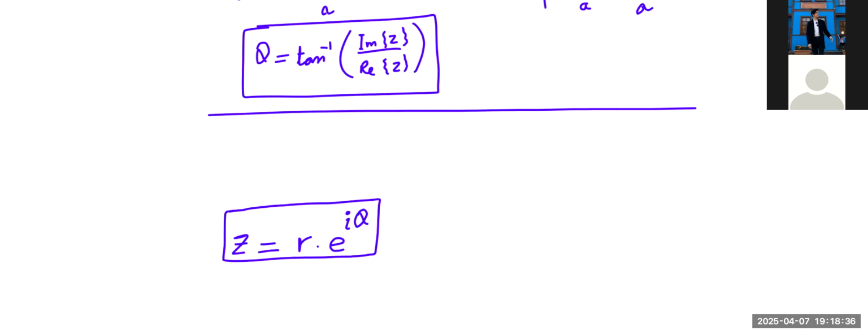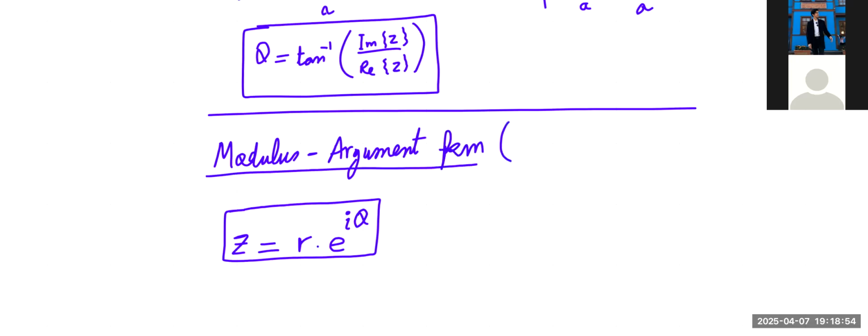We call this the modulus-argument form, but it's also simply called the exponential form of a complex number, which is a bit easier on the mouth.